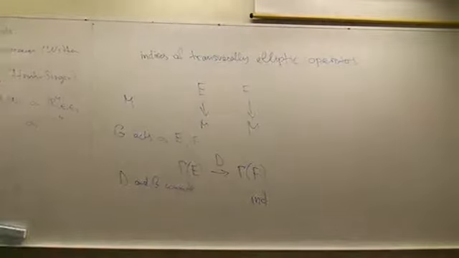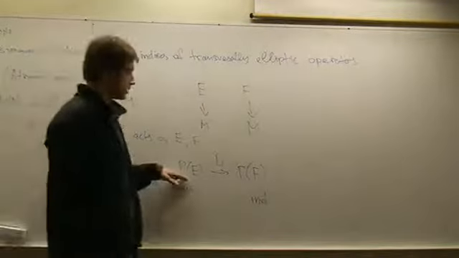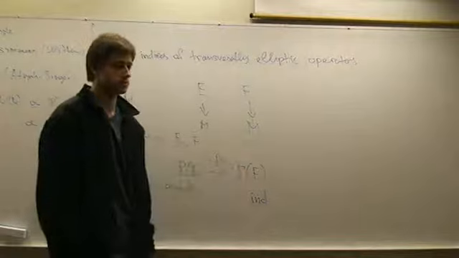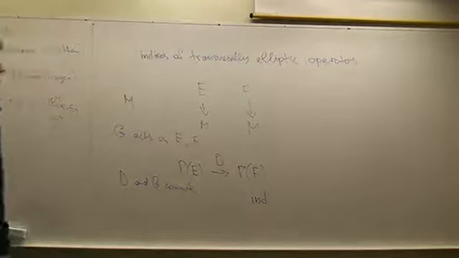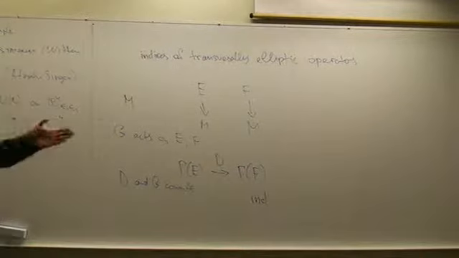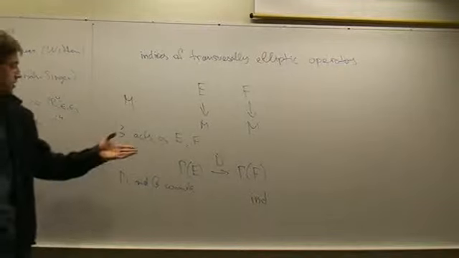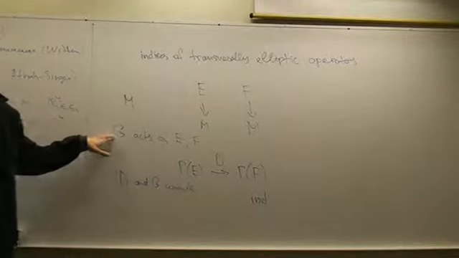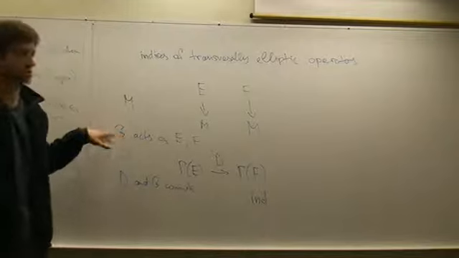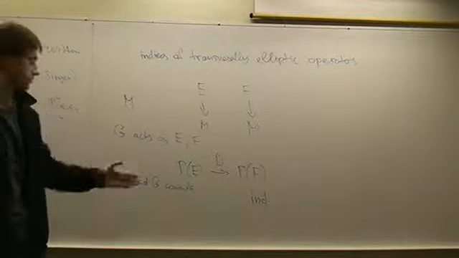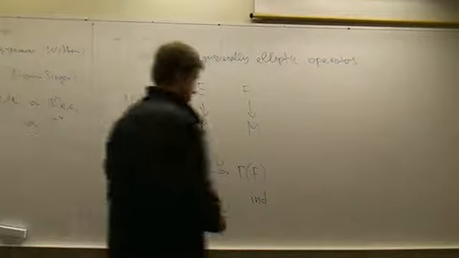In the usual situation, the index of an operator is just the dimension of the kernel minus the dimension of the co-kernel. In the equivariant situation, we want to treat the kernel of D and the co-kernel of D as vector spaces, as a module of G, as a representation of G, because G acts on the kernel and co-kernel because of the definition.